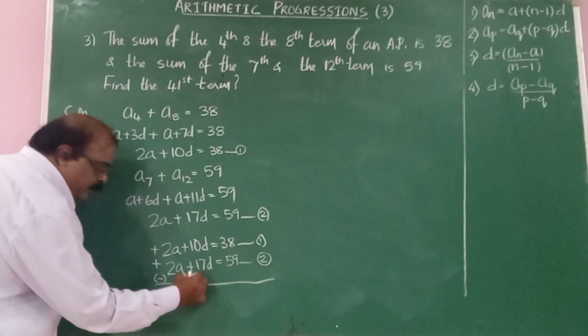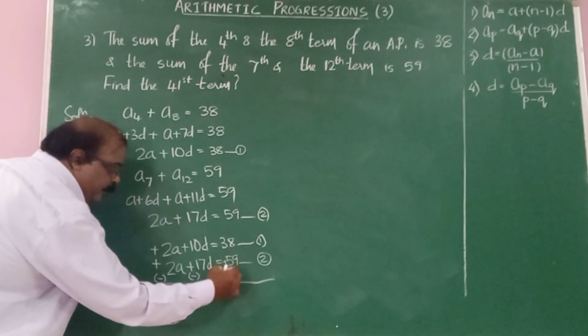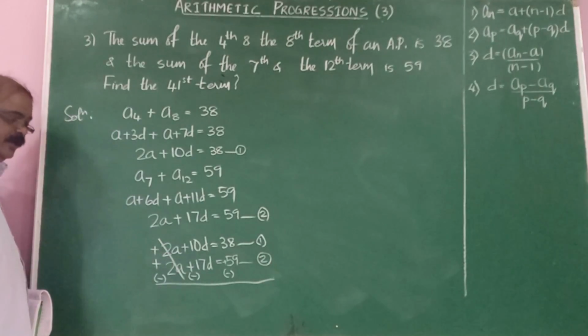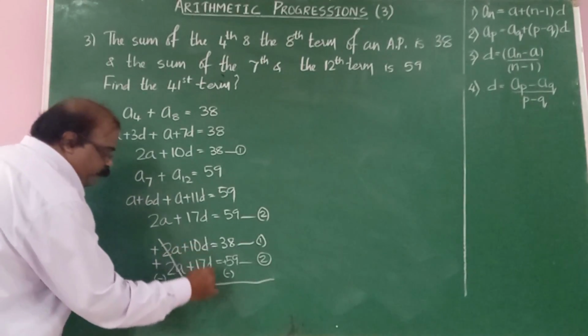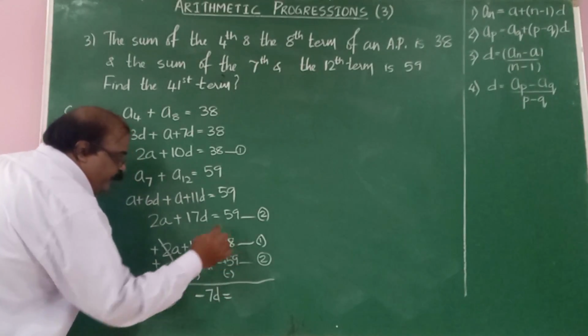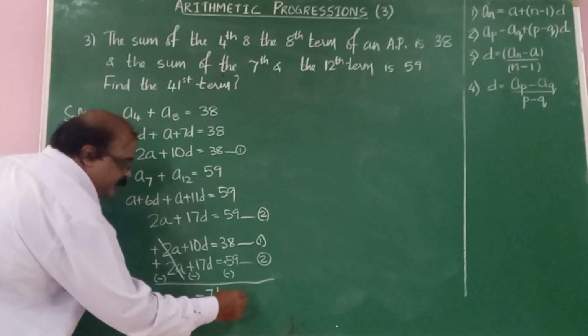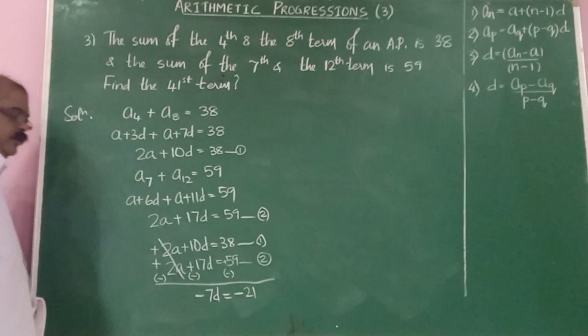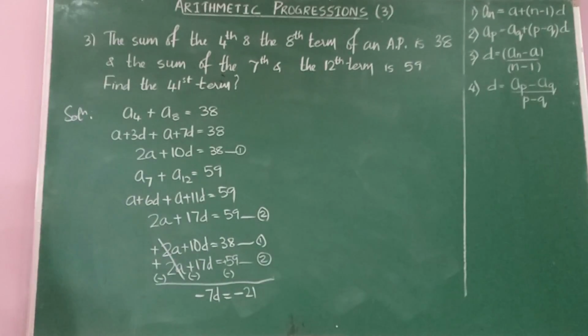When we subtract, I have to change the sign. So plus 2a and minus 2a once again is eliminated. Minus 17 and plus 10 is minus 7d. Minus 59 and plus 38, sign of the greater number is minus 21. So I get minus 7d is equal to minus 21.